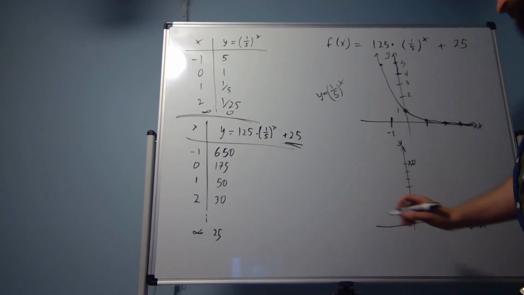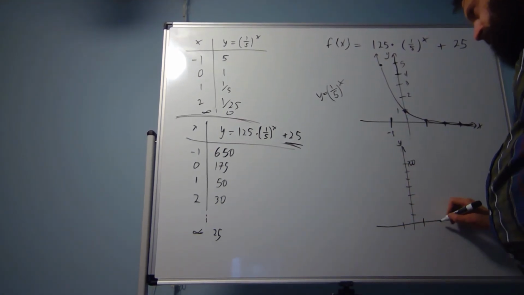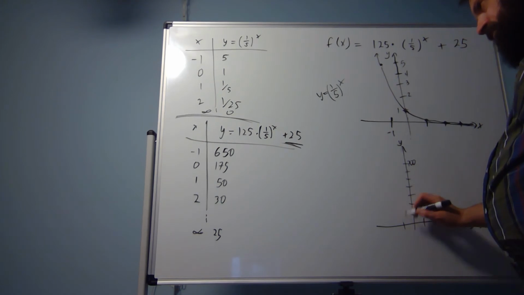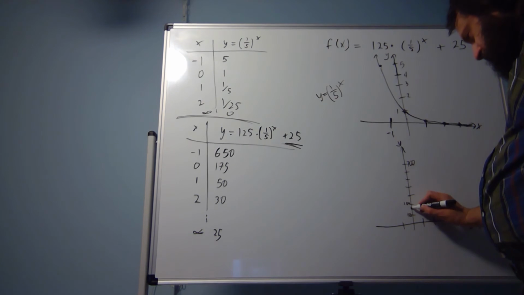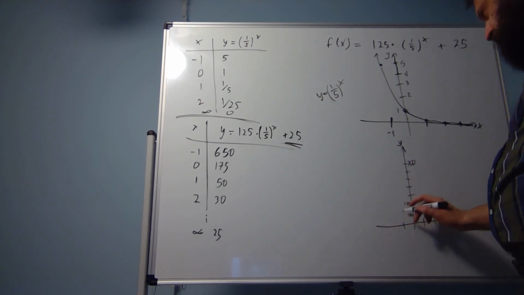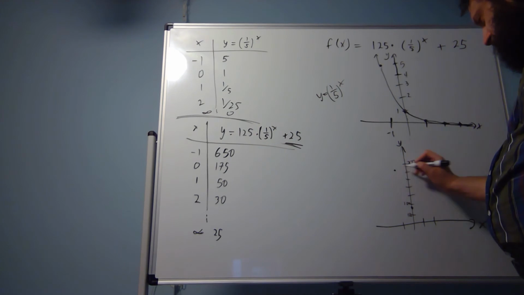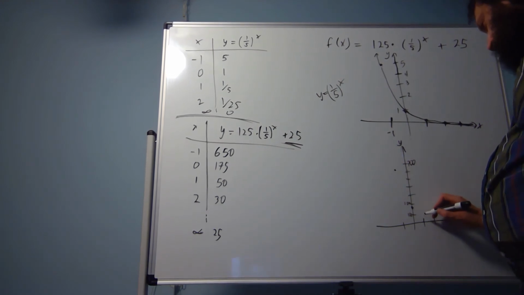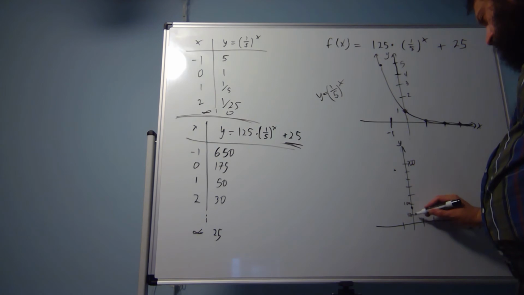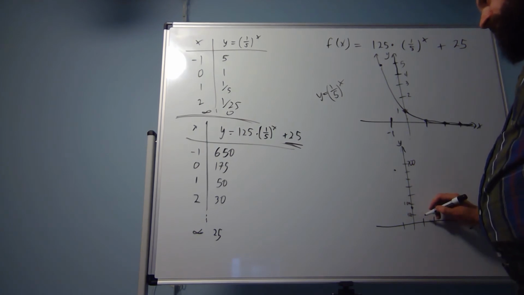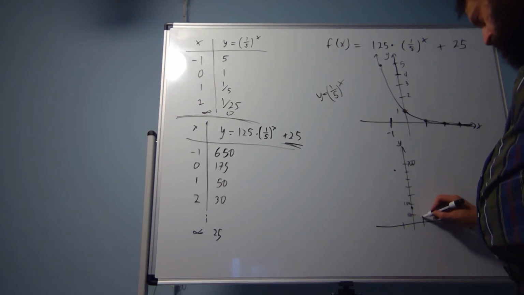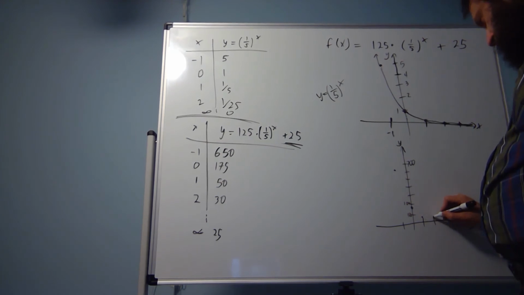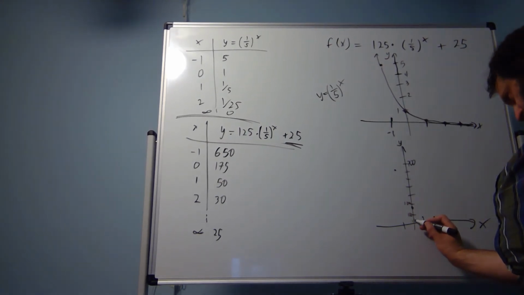Okay, then if this is 100 each, that's 175 when x is 0. -1 puts us up here at 650. x equals 1 puts us over here at 50. Two puts us down here at 30.